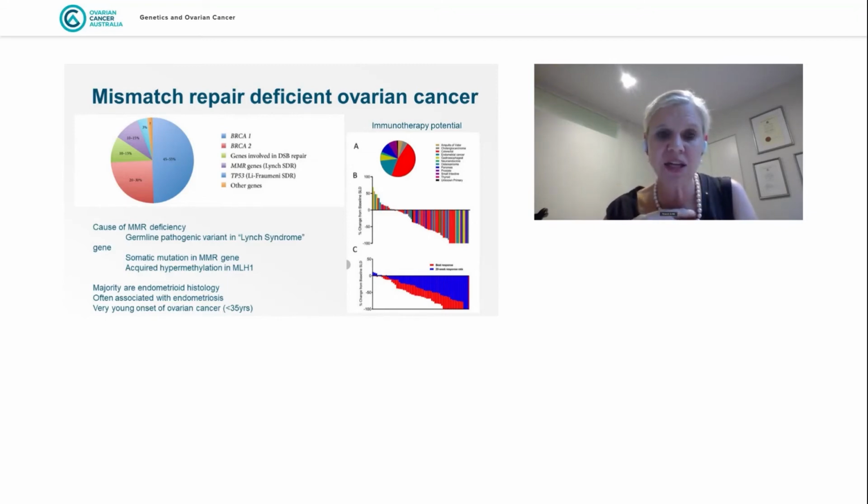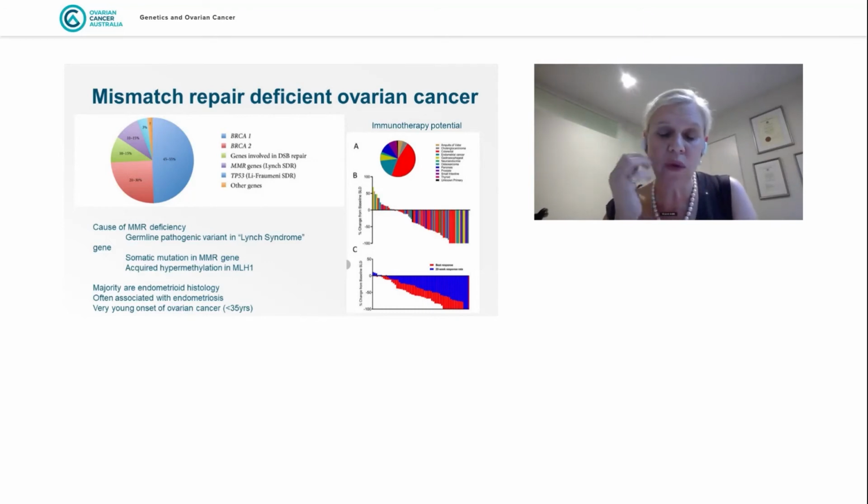Just like BRCA1 and BRCA2, mismatch repair mutations can occur either as hereditary change or within the tumour themselves. But response to immune checkpoint inhibitor therapy can occur either because of that hereditary change or because of the changes within the tumour cells themselves.